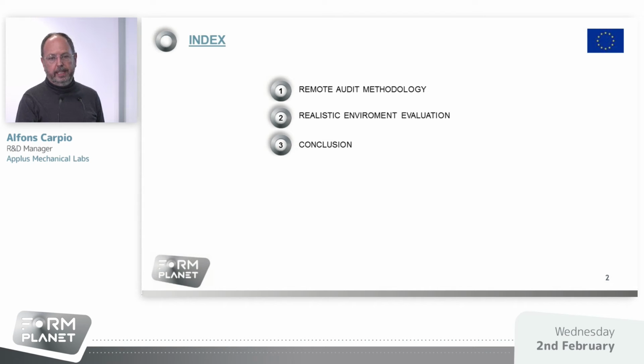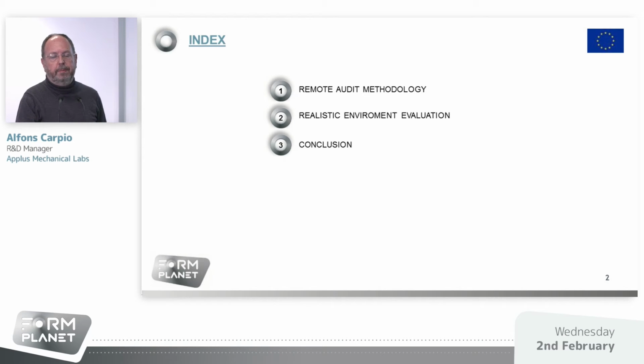First of all, Applus is an industrial laboratory. We have a footprint worldwide, and because we have these spread capabilities, we have detected the necessity to perform quality audits on our own laboratories in a more efficient way.